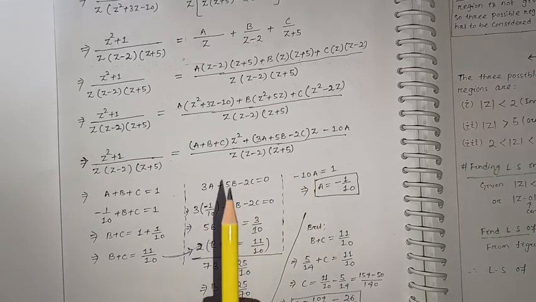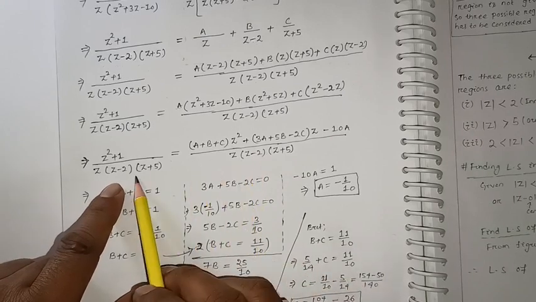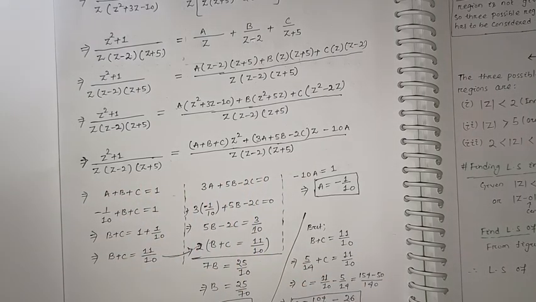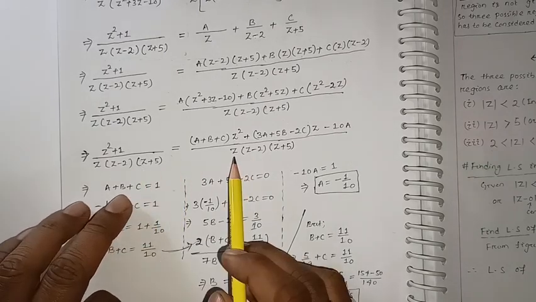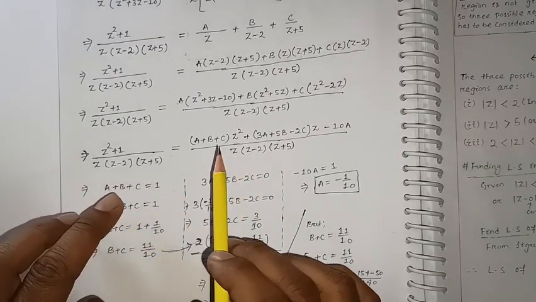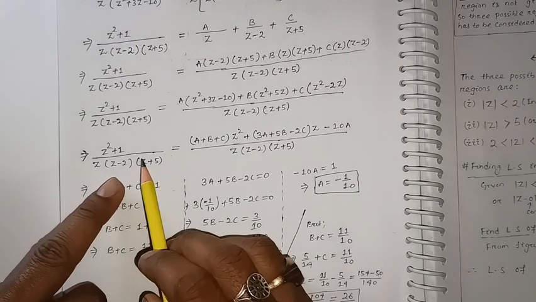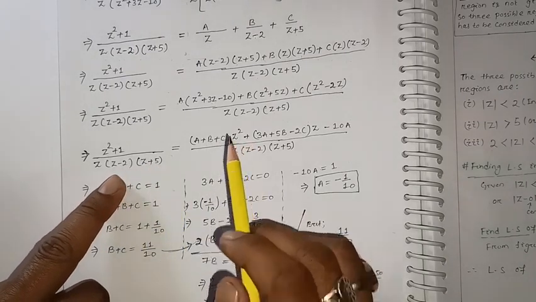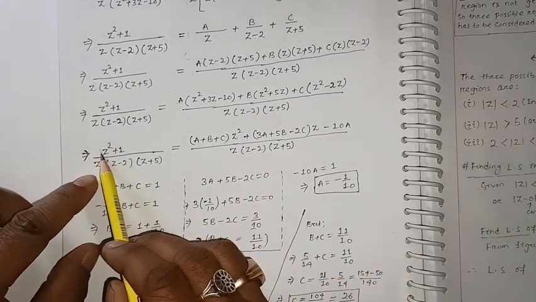According to the partial fraction method, the denominators of LHS and RHS are the same. So if the denominators are the same, then the coefficient of each power of z should be equal. For z², what is its coefficient? It is 1.